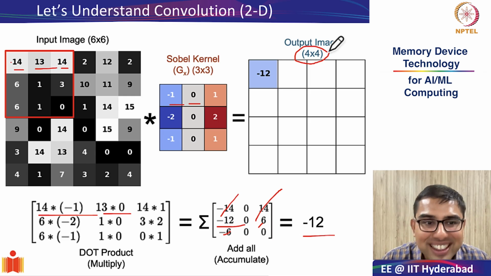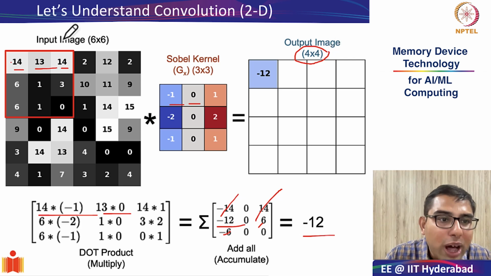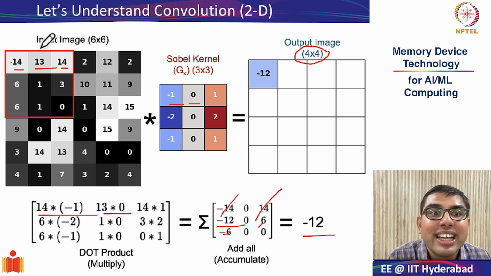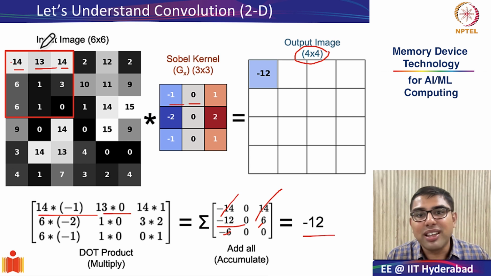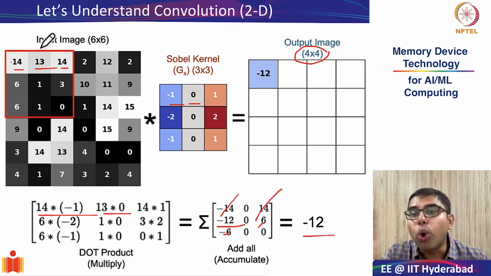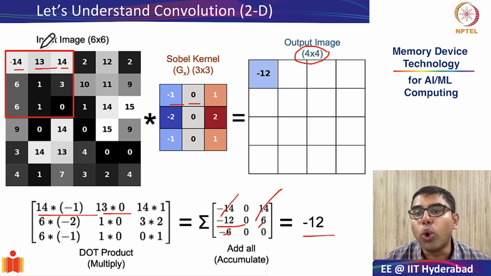If you're not convinced with this argument, mentally try to slide these kernels one by one. In the next slide, we will see what will be the i plus 1th position of the sliding of this kernel, and you will see there are 4 such slides which are possible both in rows and in columns, and therefore the output image will be 4 cross 4.